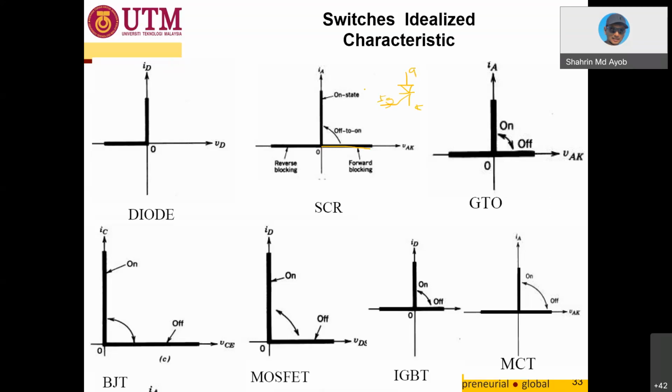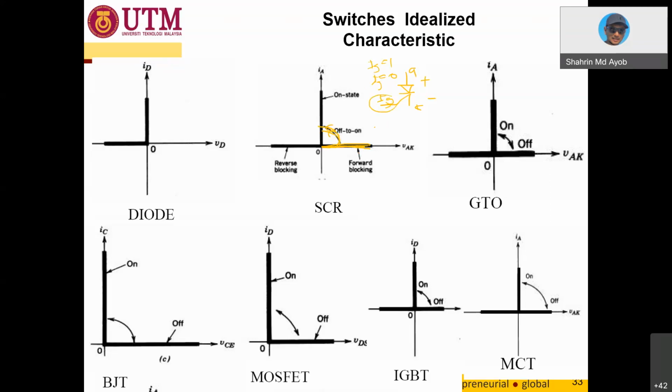So if IG is 0, even though it is forward biased, it will remain off. It will remain off. But when you give IG a value, it will turn on. Okay, so that's why we have turn on here. So it depends on the IG.